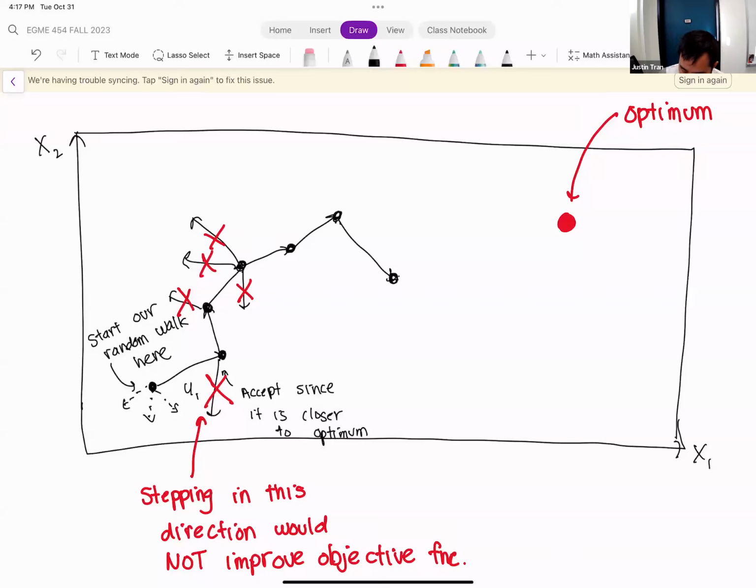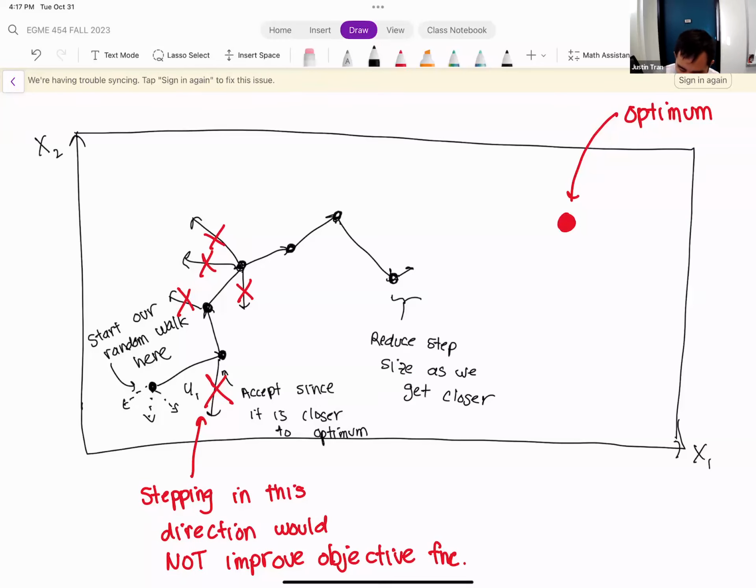But from here on out, because we're getting closer, let's go ahead and take smaller steps. So we're going to reduce our step size so that we don't overshoot the outcome.